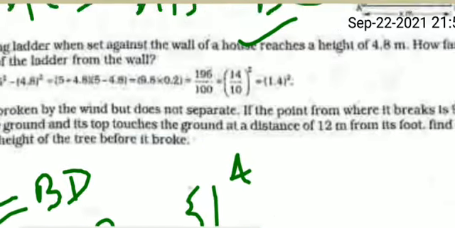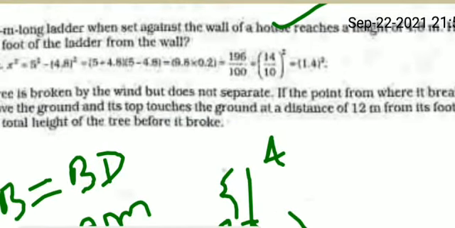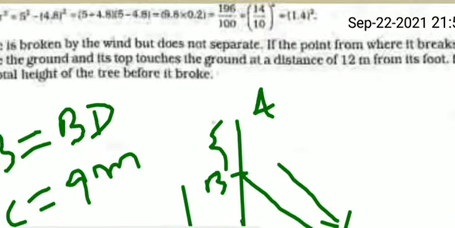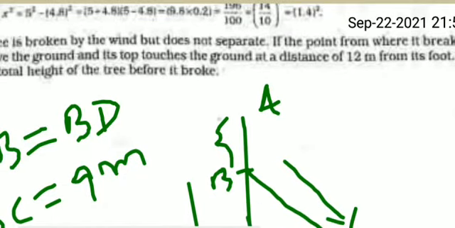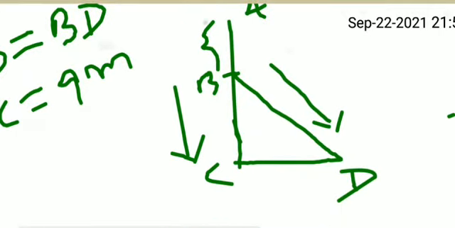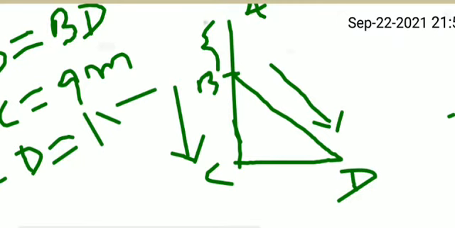And the top touches the ground at a distance of 12 meter from the foot, that means CD is given as 12 meter.